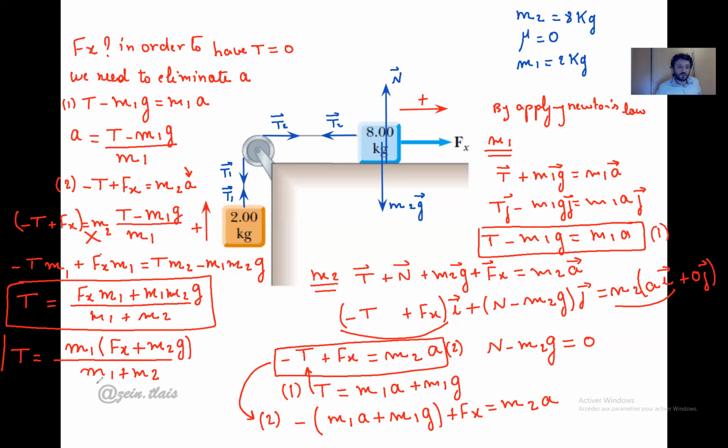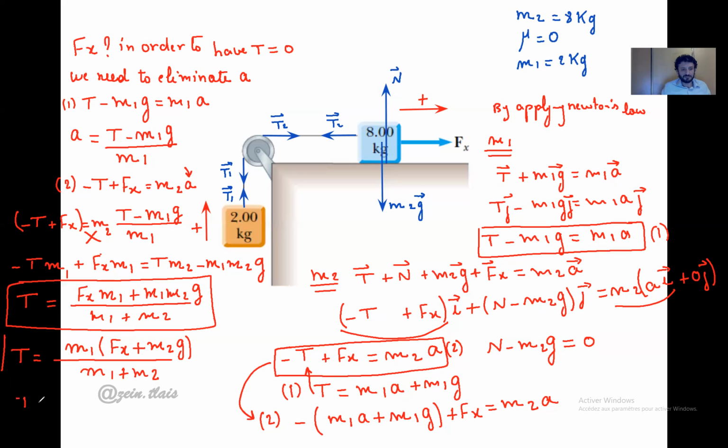Okay, when we have t equal to 0, when fx equals minus m2g, if we put fx equals minus m2g, we get t equal to 0. Okay, it's clear here. So simply you have to find a relation between t and fx.